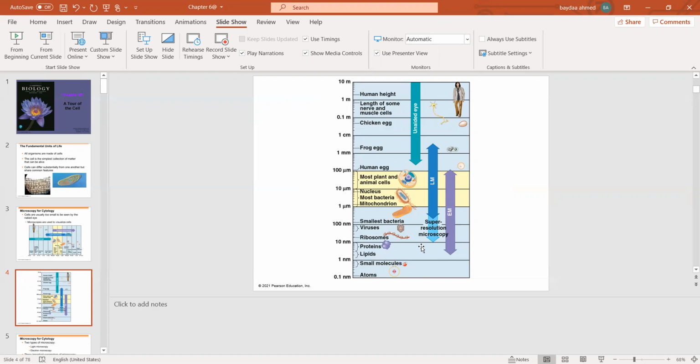As a student in biology, you will be concerned only with the light microscope. The electron microscope is so expensive, and is used for scientific research and for medicine too. We have only the light microscope that you work with in lab.